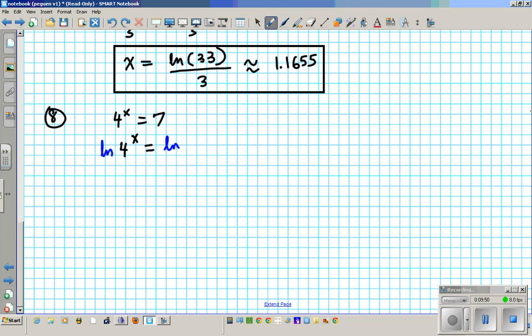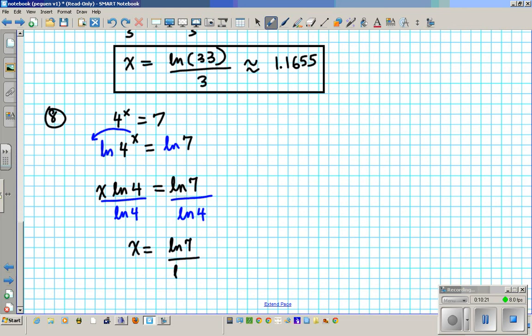What happens here is that this doesn't cancel out because we're taking natural logarithm. But what this enables me to do is I can take this power and toss it to the front. So this becomes x times the natural logarithm of 4 equals natural logarithm of 7. Now I can divide both sides by natural logarithm of 4, and then we're going to have x equals natural logarithm of 7 over natural logarithm of 4. This is my exact answer.